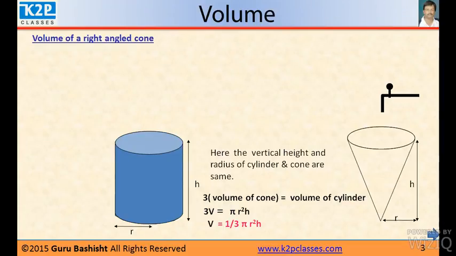So 3V equal to pi r square h, where V is the volume of the cone. So V equal to 1/3 pi r square h.